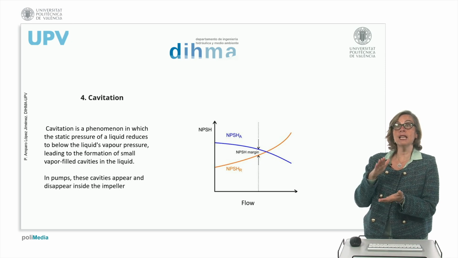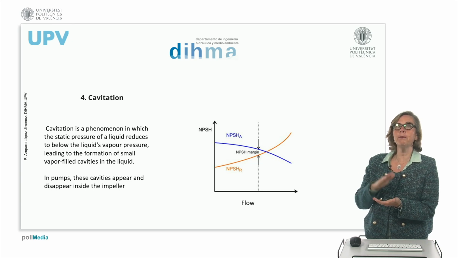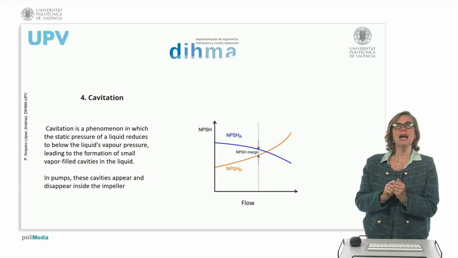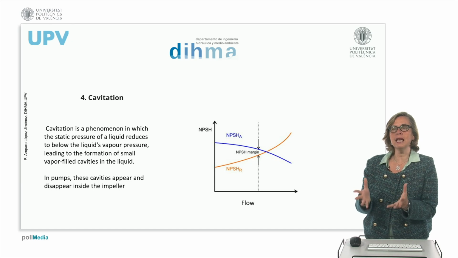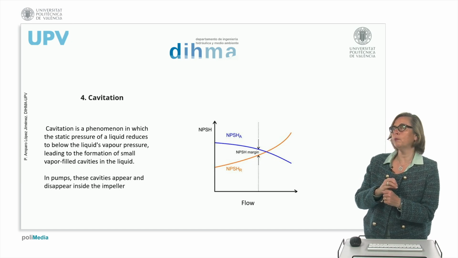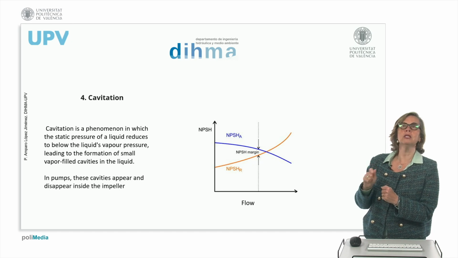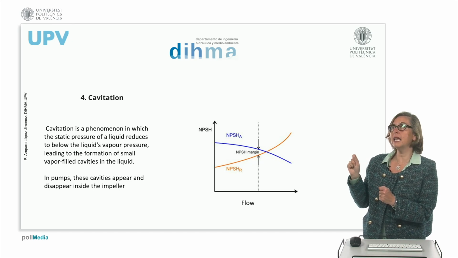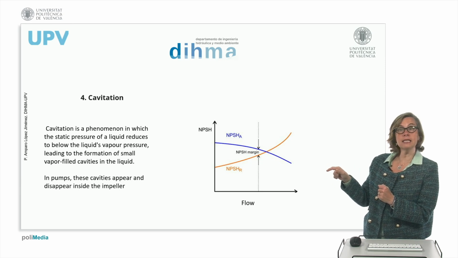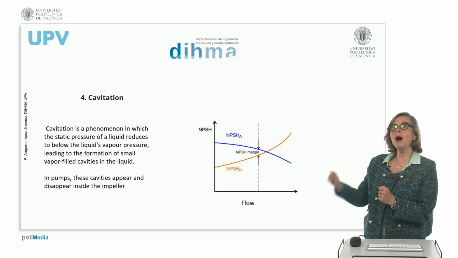When pressure gets very low, cavities of vapor can appear and they can move inside the impeller. When this happens, the pump has very critical behavior. It does not behave very well near the cavitation point. To do so, we must know two curves, the NPSH A and the NPSH R. NPSH R depends on the pump.